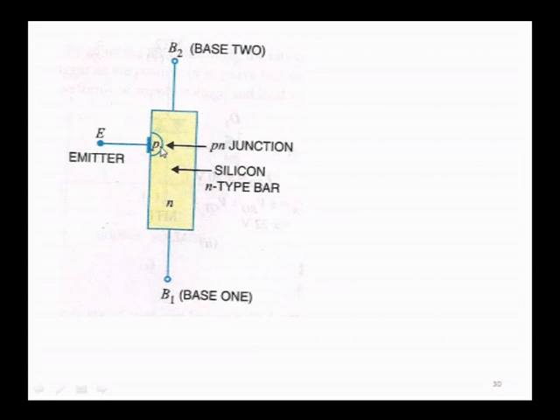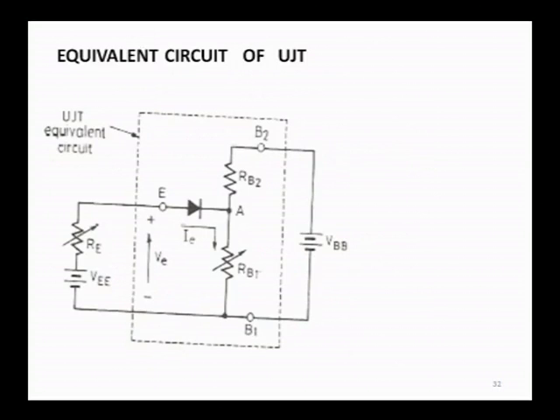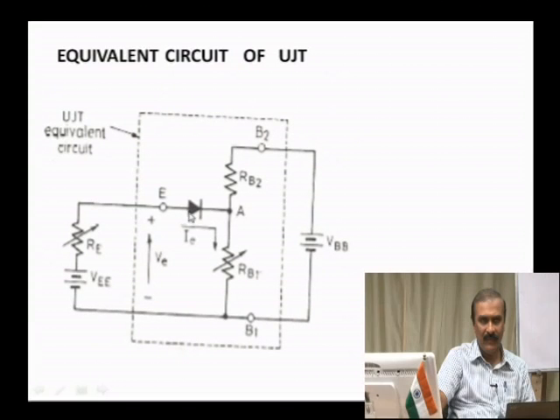So, you can simply write the equivalent circuit of this UJT. The equivalent circuit of UJT is this one, you can see here. The PN junction is represented by a diode, and you have resistances RB1 and RB2. RB1 is shown as variable, RB2 is shown as fixed.